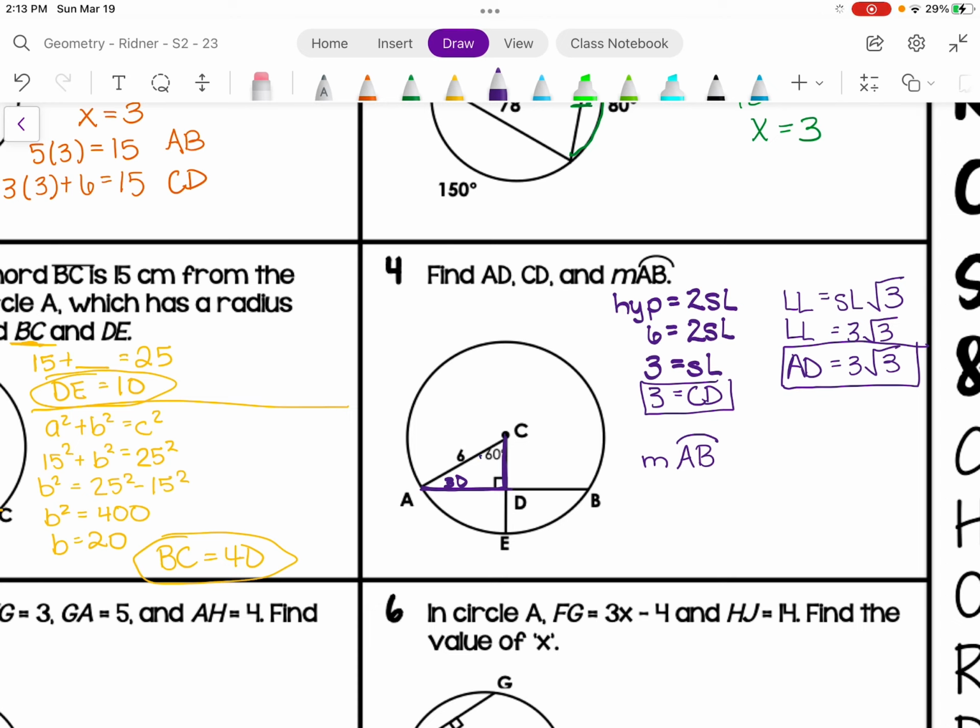So if this is 60 degrees, this is also 60 degrees. And since this bisects it, this is also another 60 degrees. And 60 plus 60 is 120 degrees.